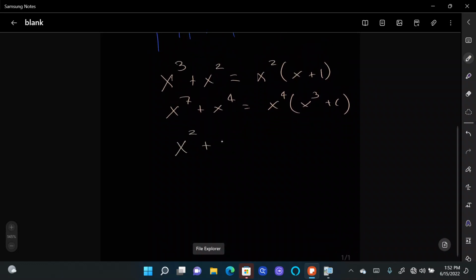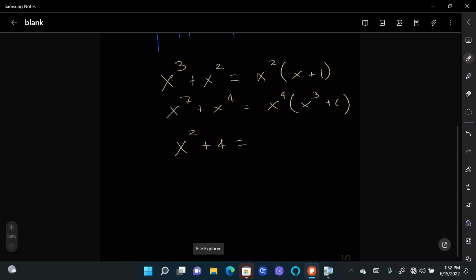What about this one? x squared plus 4. Can we factor that x squared plus 4? x plus 2 squared? Well, that's just rewriting the 4 as 2 squared, which is not really factoring the polynomial itself, right? So apparently we don't have a GCF in here.